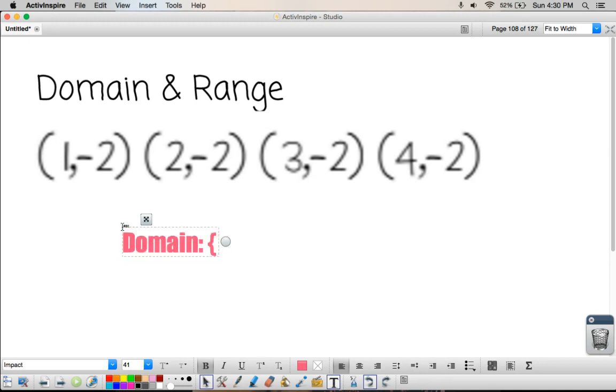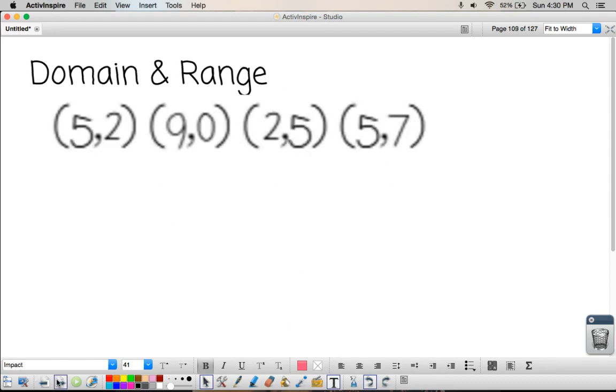Here we have a domain of 1, 2, 3, and 4, and a range that's just -2. Here our domain is 5, 9, and 2.